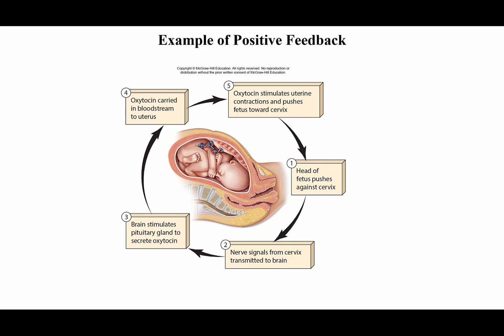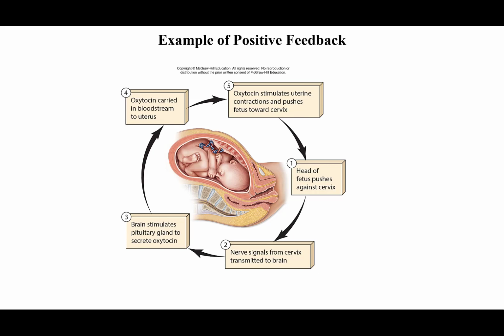There are not that many scenarios where your body uses the positive feedback system. But as I mentioned, childbirth is one of the popular scenarios where positive feedback happens. This is when the head of the fetus starts to push on the cervix. The uterine contractions begin.